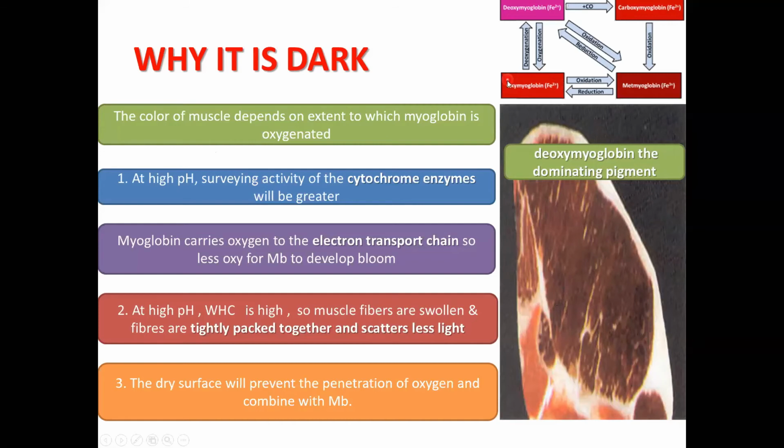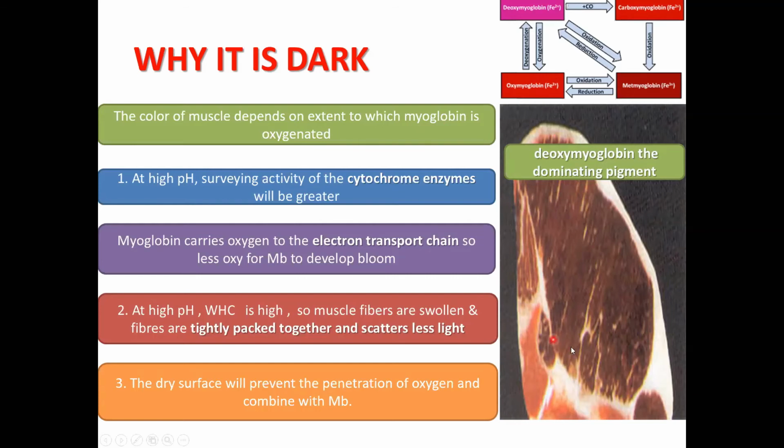We have the oxymyoglobin: when oxygen combines with myoglobin, it forms oxymyoglobin, which gives a cherry red color or the bloom, which is very attractive for the consumer. On the other hand, deoxymyoglobin gives a dark color, which is the case in DFD, and is not preferred by the consumer. So the color of the meat depends on the extent to which the myoglobin is oxygenated.